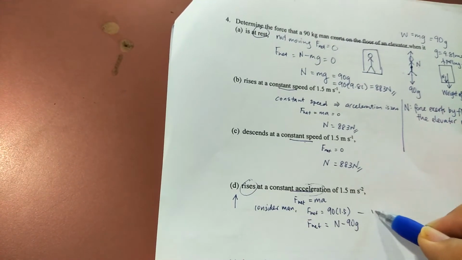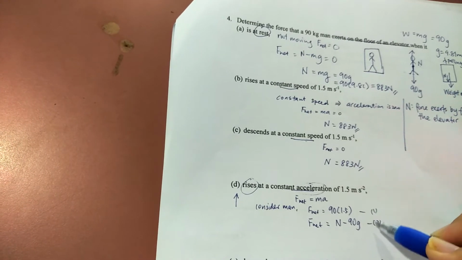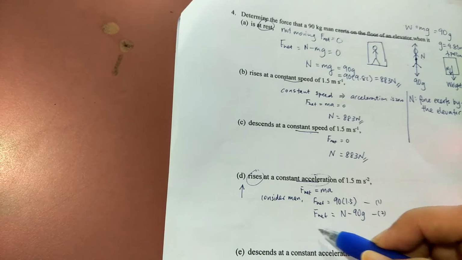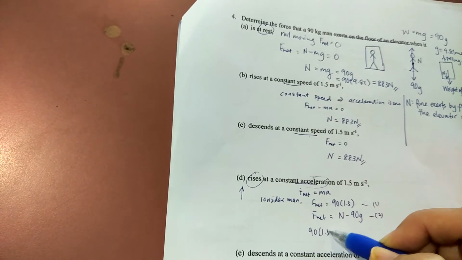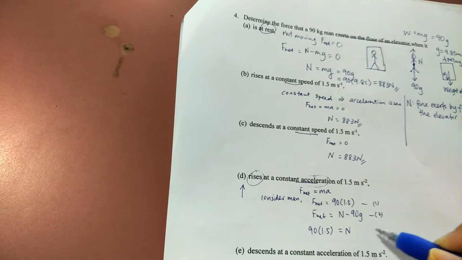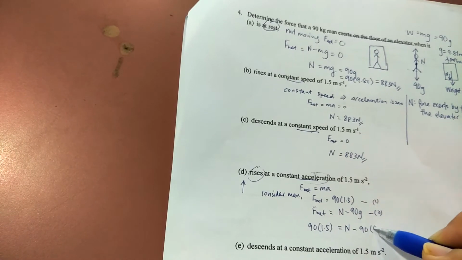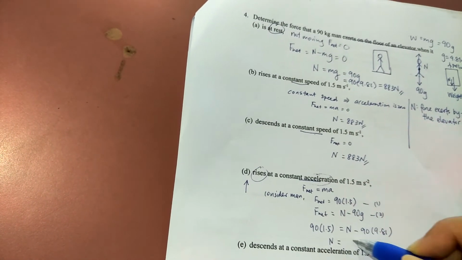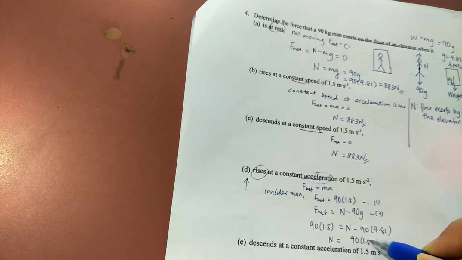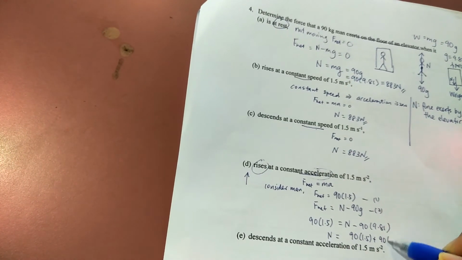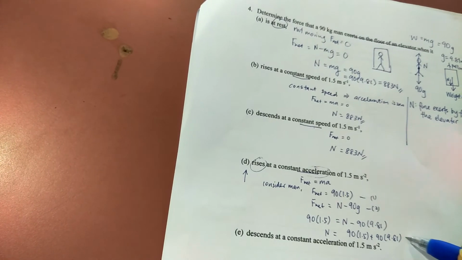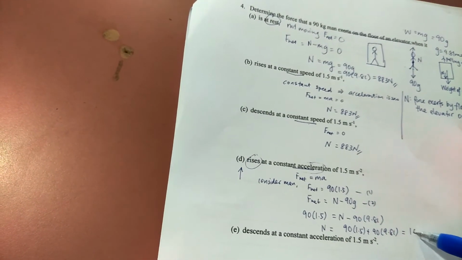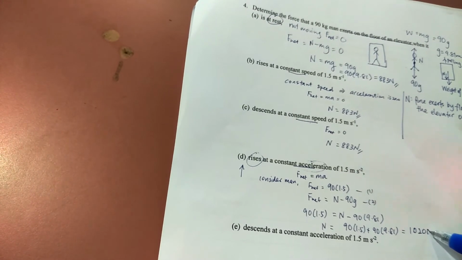If I call this equation 1 and this equation 2, these two are equal, because both are talking about the resultant force on the man. So I will have 90 times 1.5 equals N minus 90 times 9.81. So from here, my N will be equals to 90 times 1.5 plus 90 times 9.81. Okay, if you press a calculator, you end up with 1020 Newton.